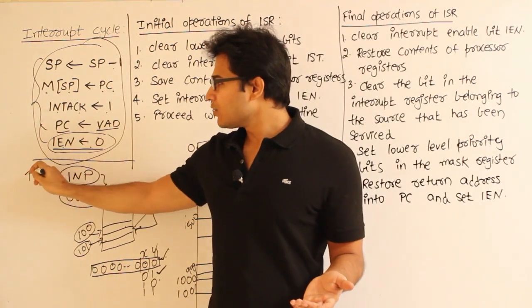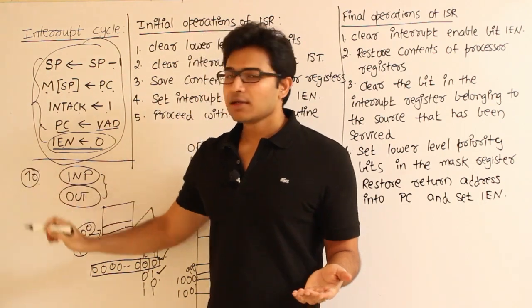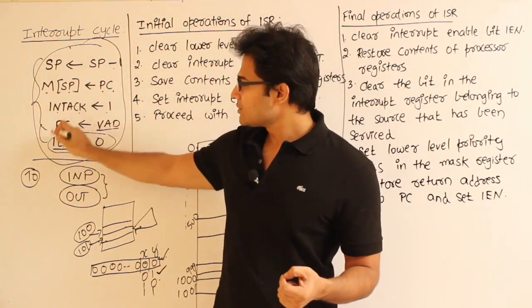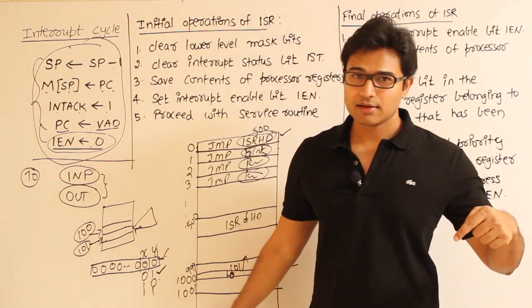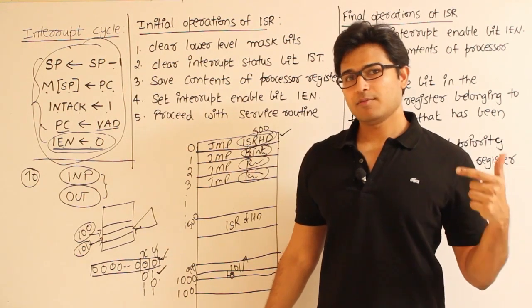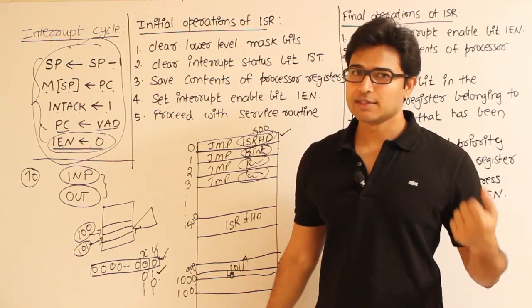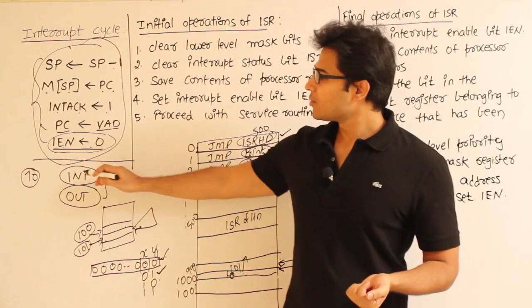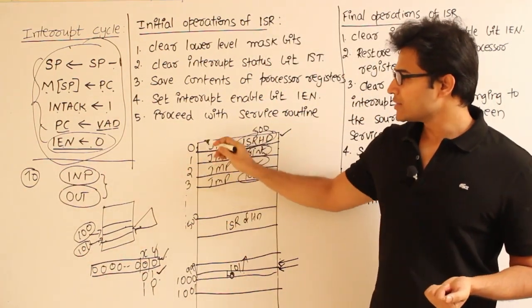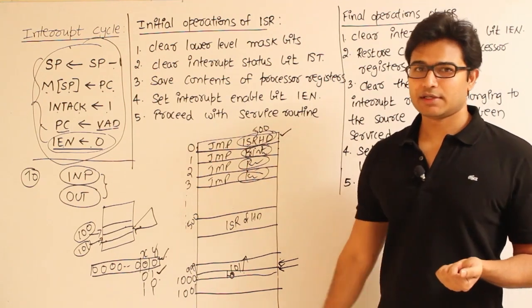So when you get T0, you will start executing the fetch phase of the instruction cycle, isn't it? So after this we are going to get into the instruction cycle, and in fact we are going to fetch the instruction which is pointed to by the PC, the program counter. And what will the program counter contain? It will contain some address in this part, isn't it?